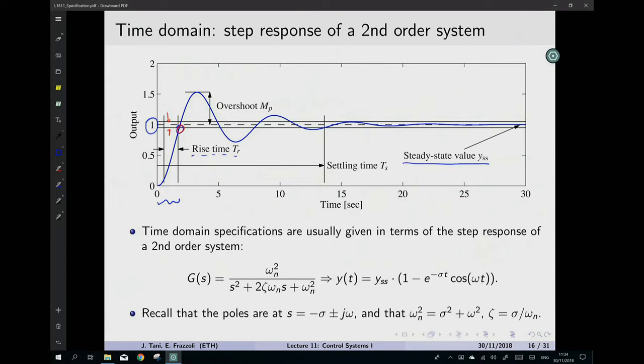One that might be, yes? The rise time is, okay, you can find it defined in different ways, but the fundamental idea is how long it takes for the system to reach for the first time a value very close to your reference signal.